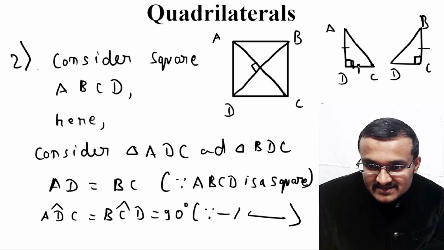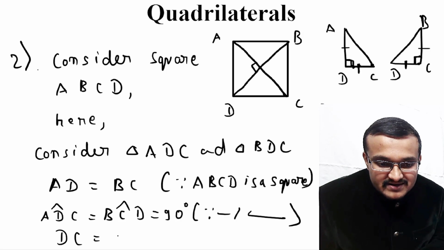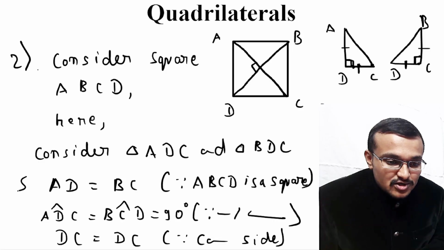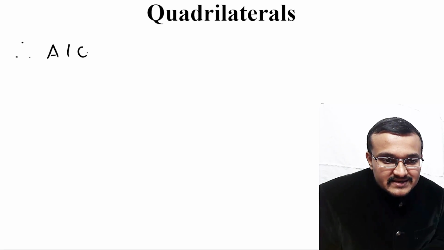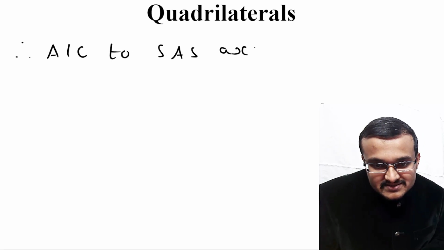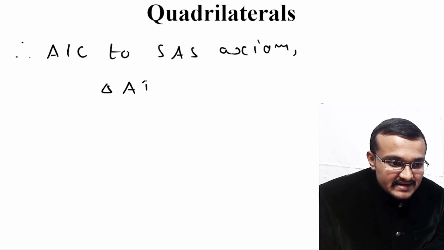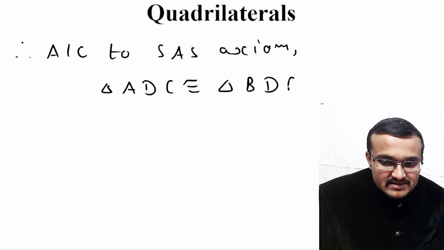Now we'll consider this side, that is DC. So DC will be equal to DC because DC acts as a common side for both the triangles. So according to the SAS axiom, triangle ADC is congruent with triangle BDC.